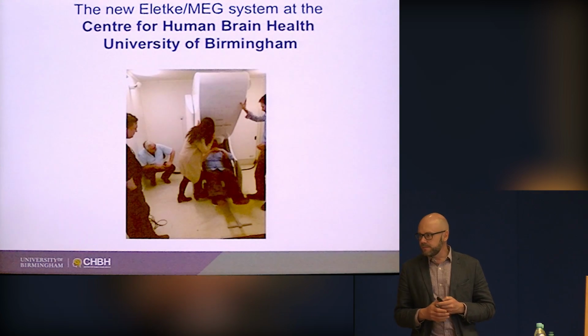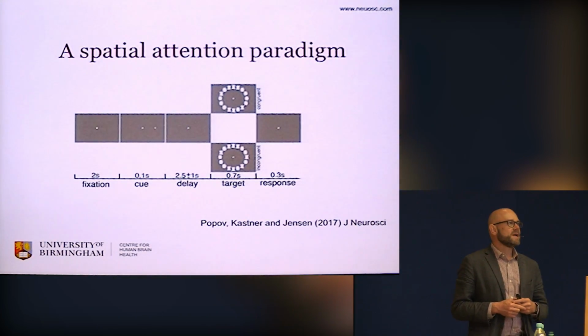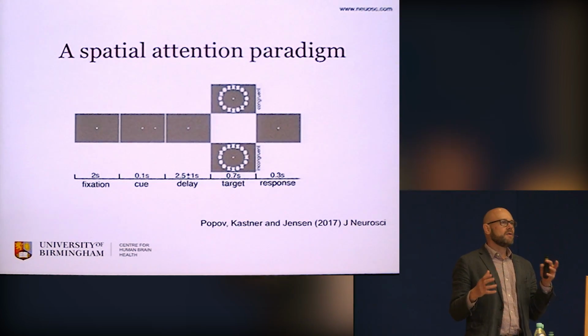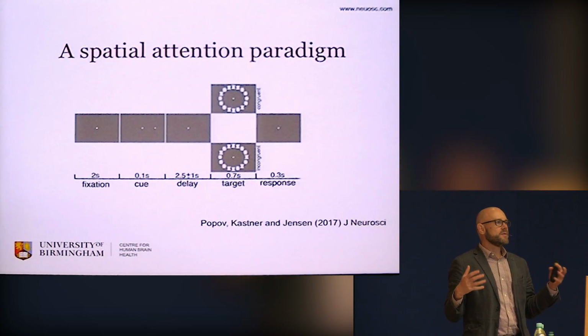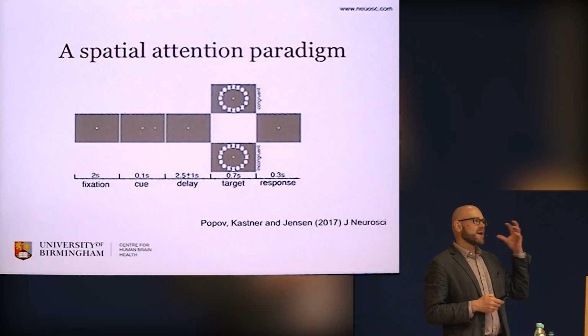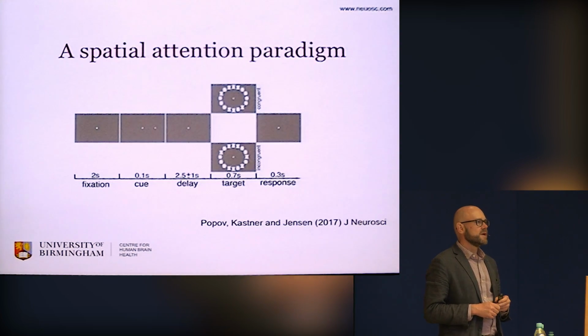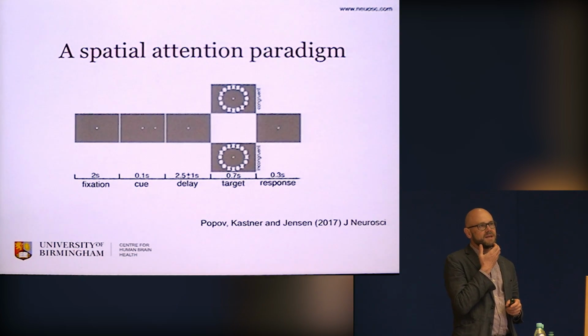So I'll start by showing you some data from a spatial attention task, both to underscore how we work with MEG data, but also some of the newer analysis we have been doing in order to uncover the top-down control of brain oscillations. So the paradigm you see here is somewhat complicated.